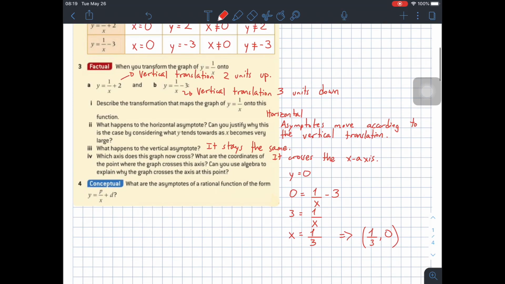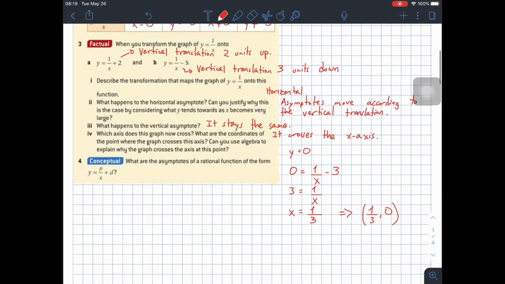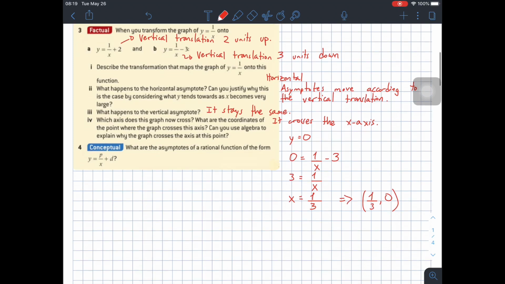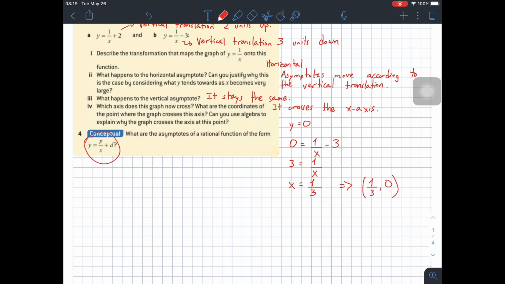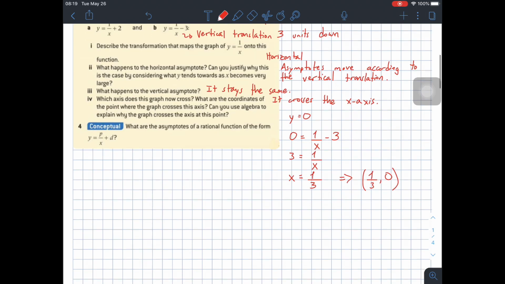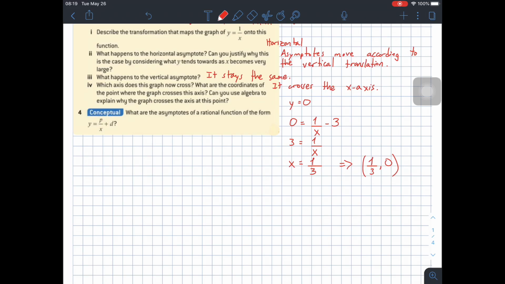Okay, so finally for number 4, it says, what are the asymptotes of a rational function of the form y equals p over x plus d? So if we generalize what we just saw, we're going to see that the vertical asymptote in this case is always equal to x equals 0, right?